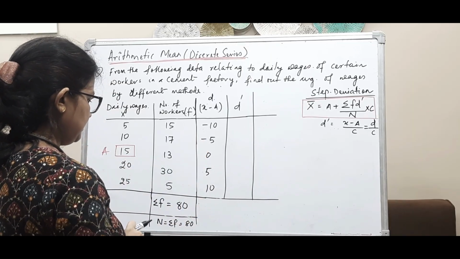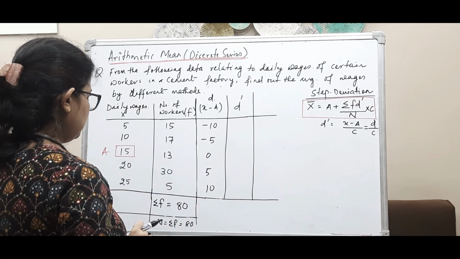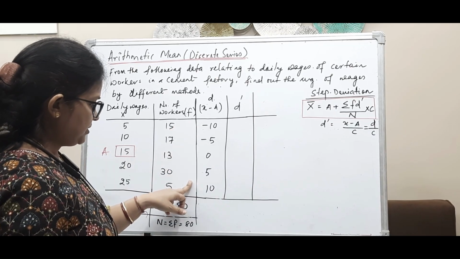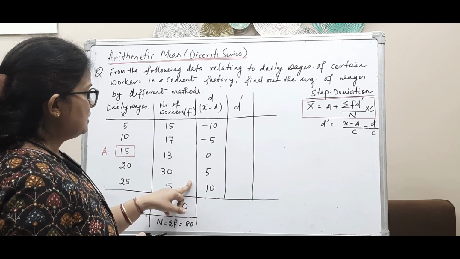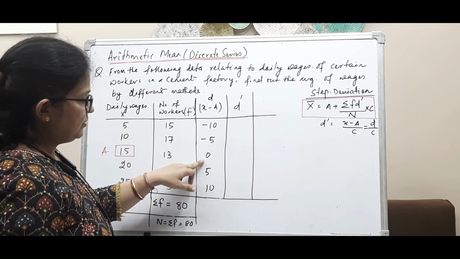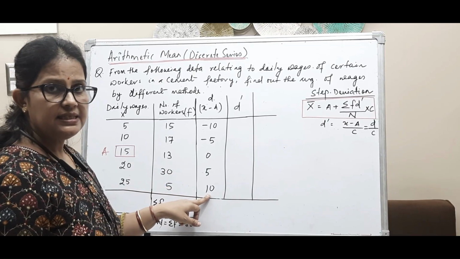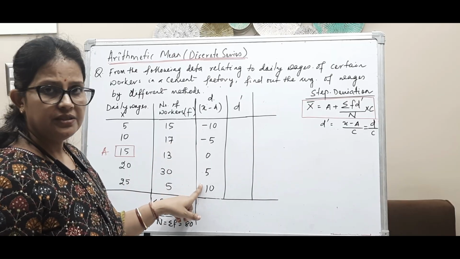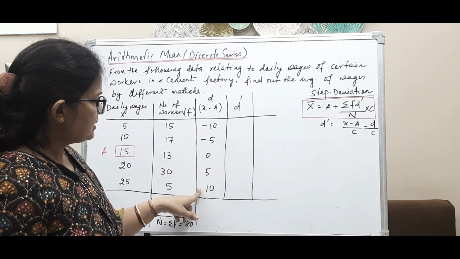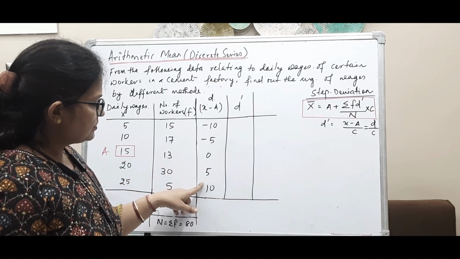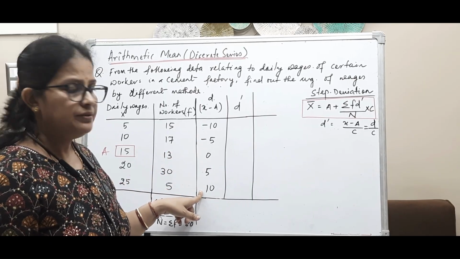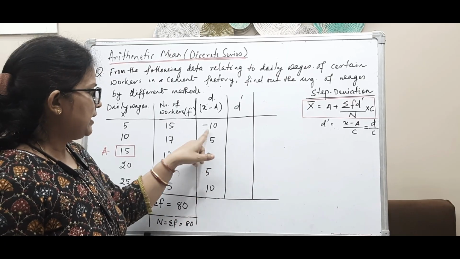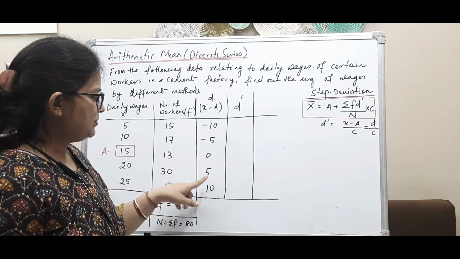If we see the series, all these values can be easily divided by 5: minus 10, minus 5, 0, 5 and 10.